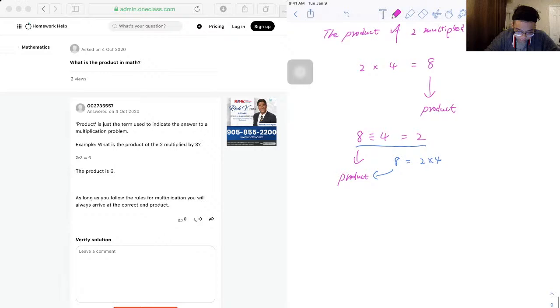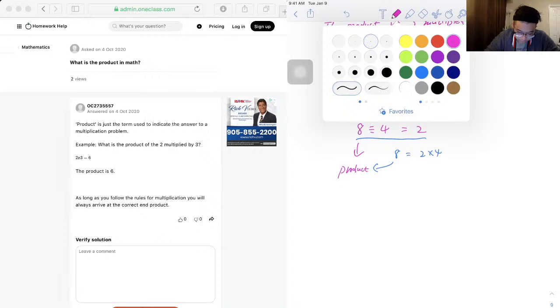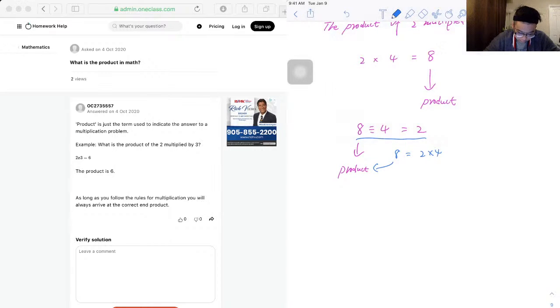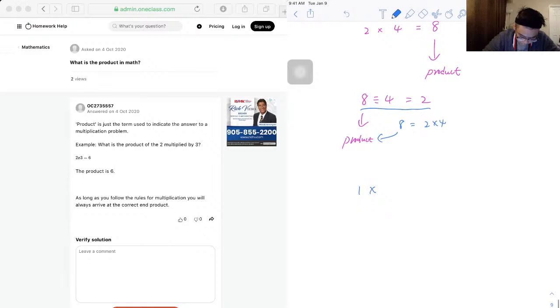Some other examples could also be 1 times 0.1 is equal to 0.1, where 0.1 is the product.